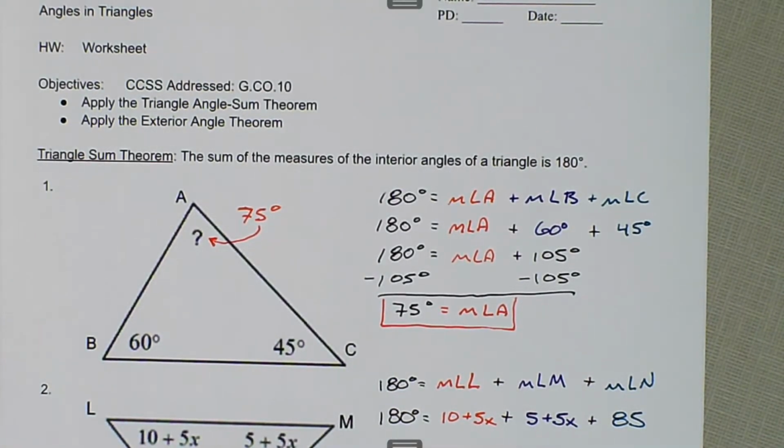So from there, we can combine all of our like terms. We have 10, 5, and 85. We add those all together, and we get 100. And we still bring down the 180 degrees. And then we have the 5x and the 5x, that gives us 10x.